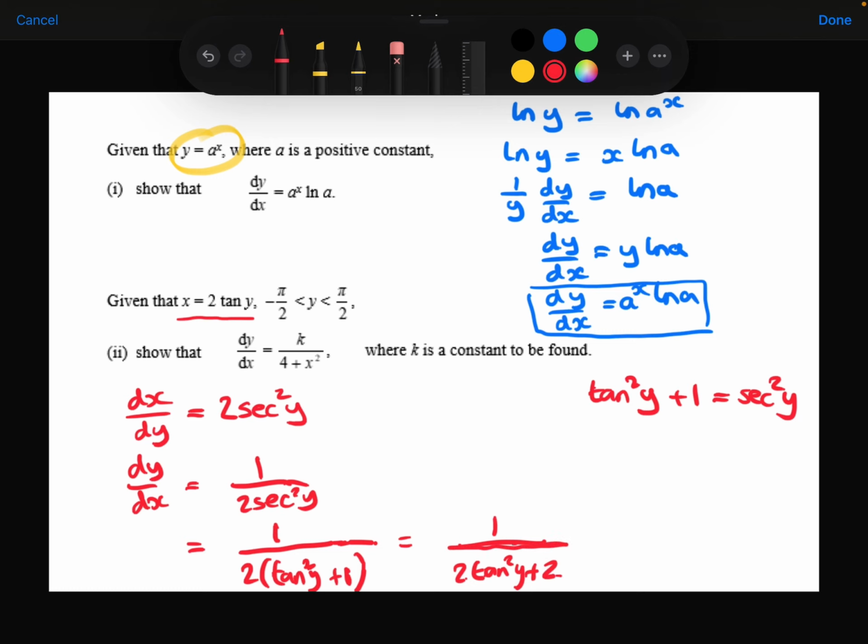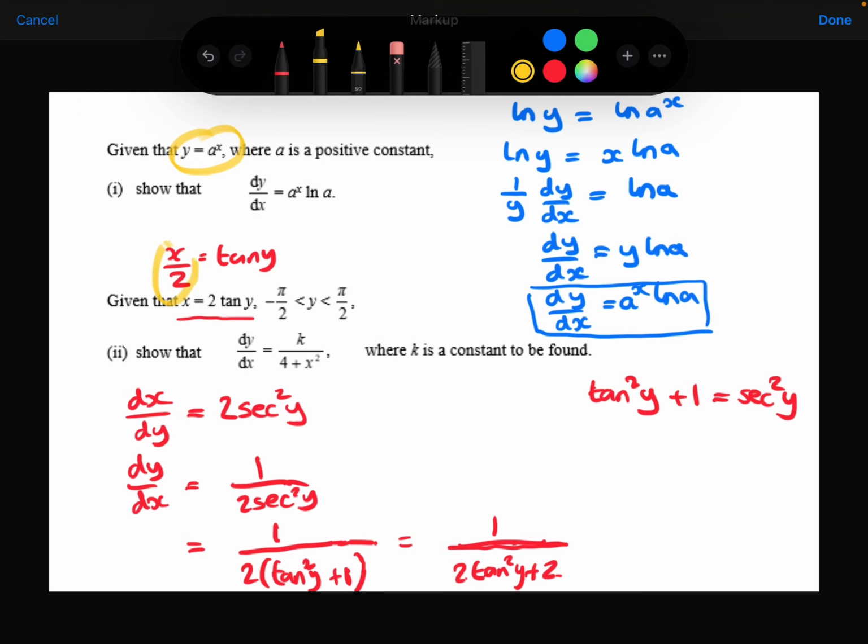now I need to get this in terms of x, not in terms of y. And I do know that, just rearranging this original equation, tan y is equal to x over 2.